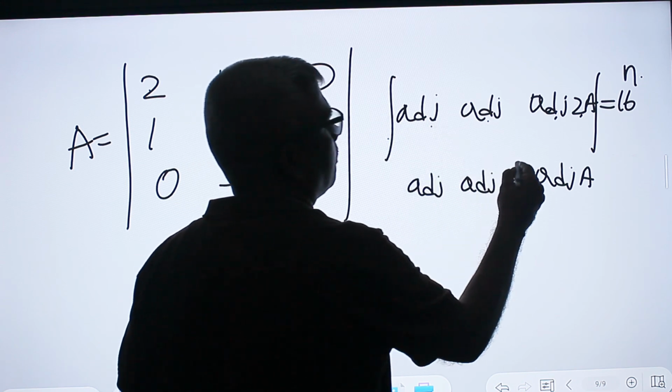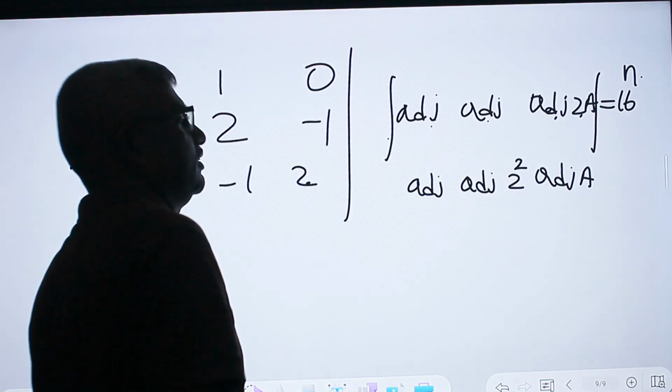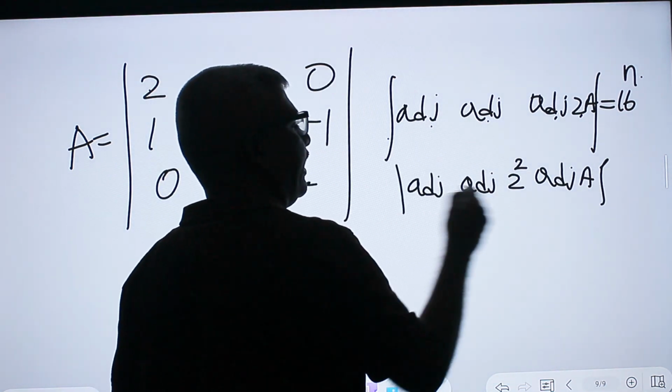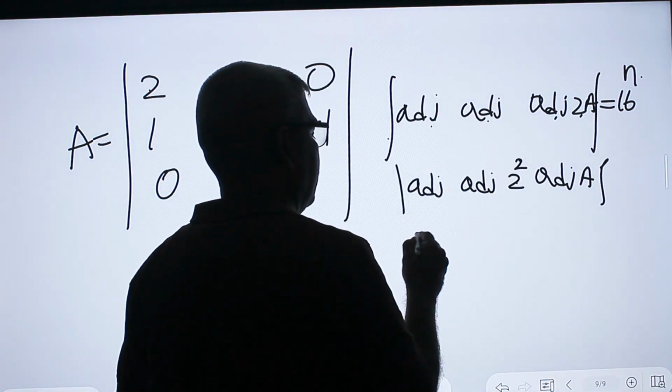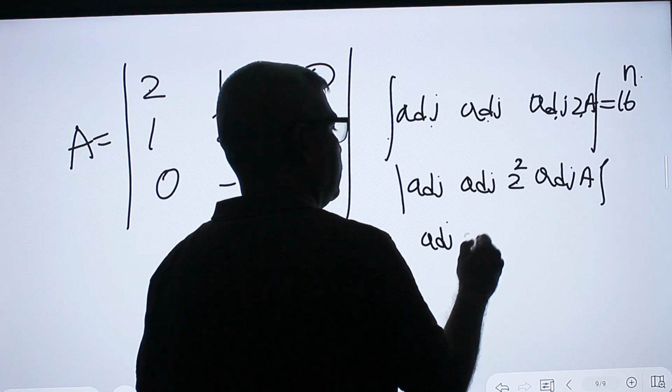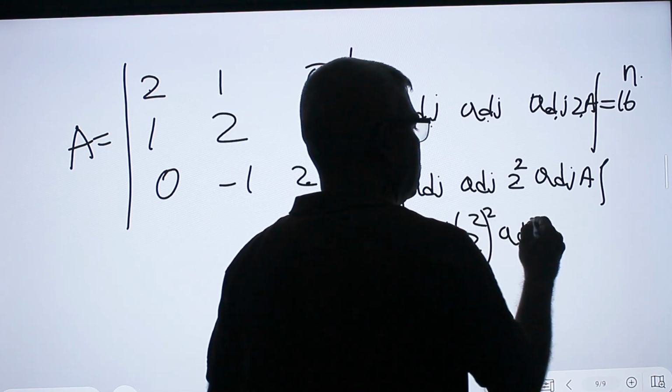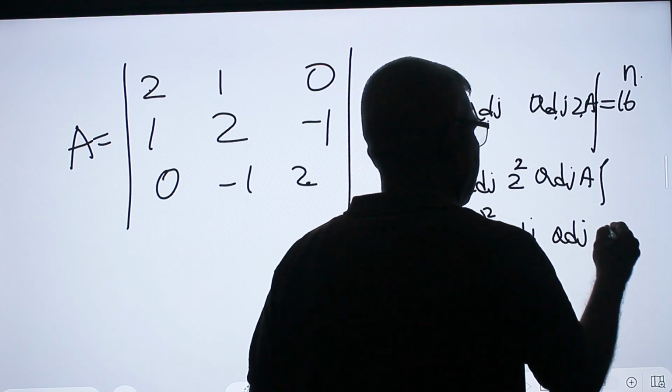It is a 3 cross 3 matrix, so it is 2 square. Now I am taking 2 out here. Then again this is coming here: adjoint, 2 square square, adjoint A.